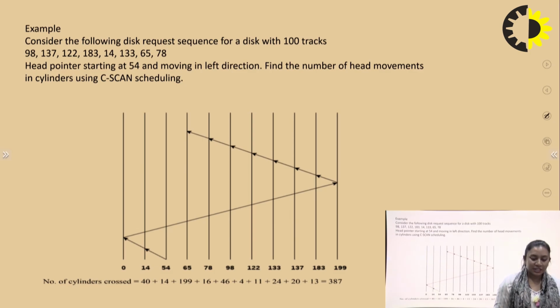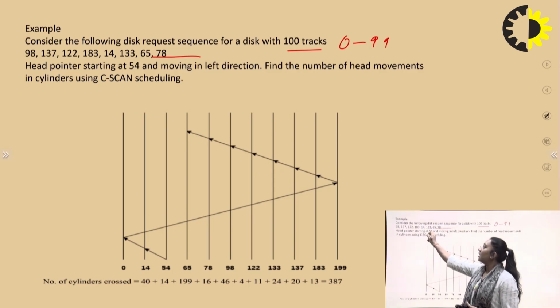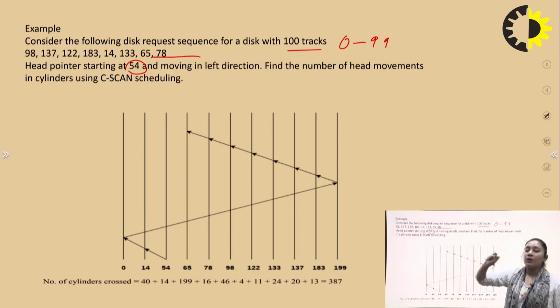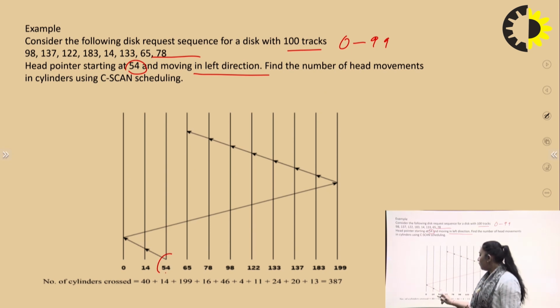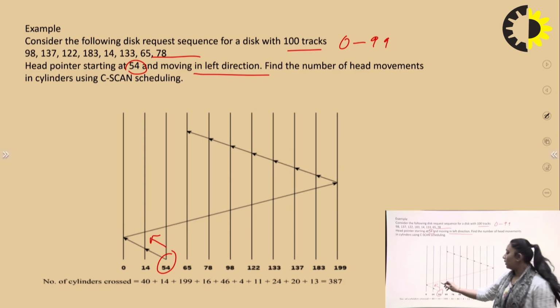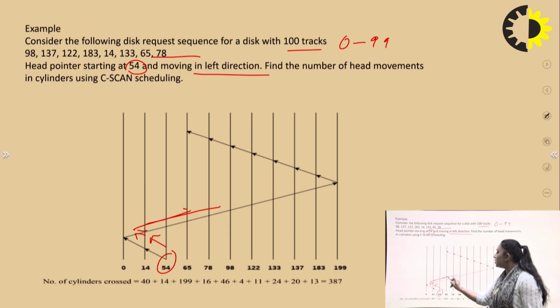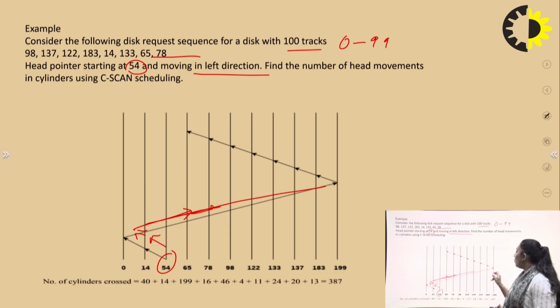As you can see, the number of tracks is 100, ranging from 0 to 99. The starting element is 54. In which direction? Left or right. Same question as you solved in the SCAN scheduling algorithm, right? From 54 we move to 14, then 0, then we move forward, not just to the adjacent element, but to 99, right?